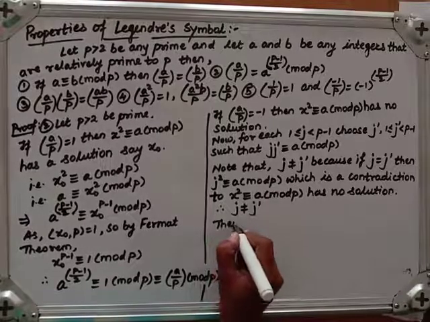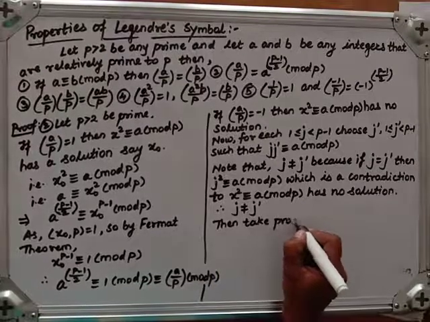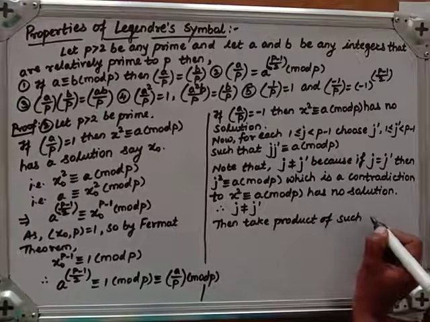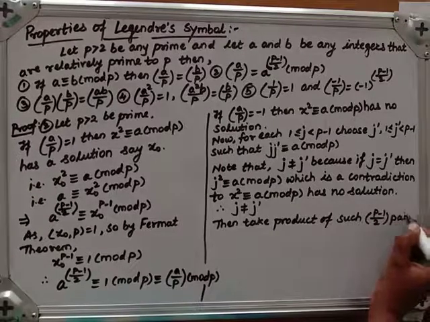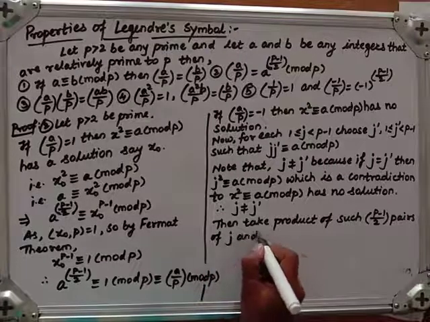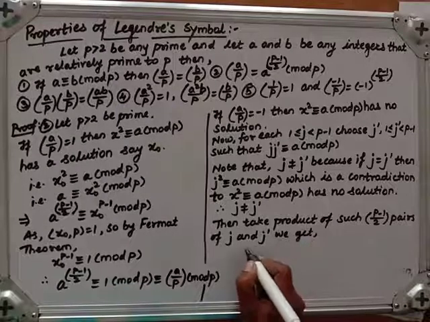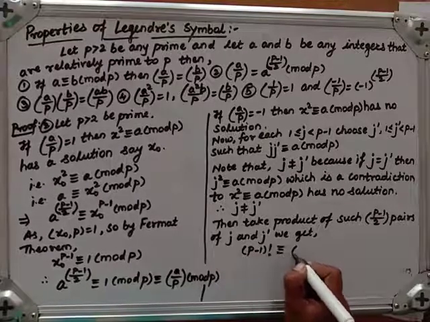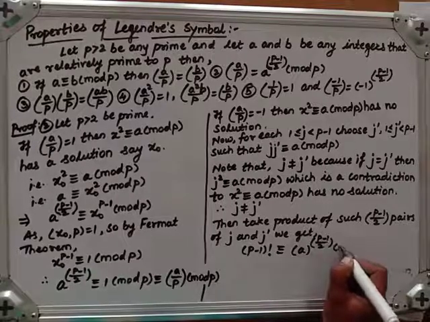Then take the product of such (p minus 1) by 2 pairs of j and j dash. We get (p minus 1) factorial congruent to a raised to (p minus 1) by 2 modulo p.